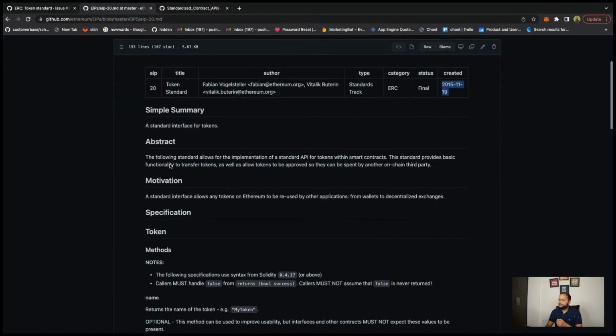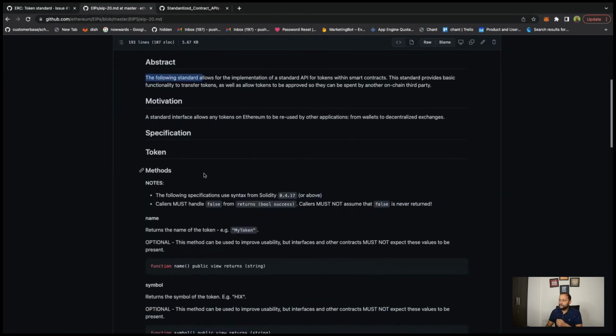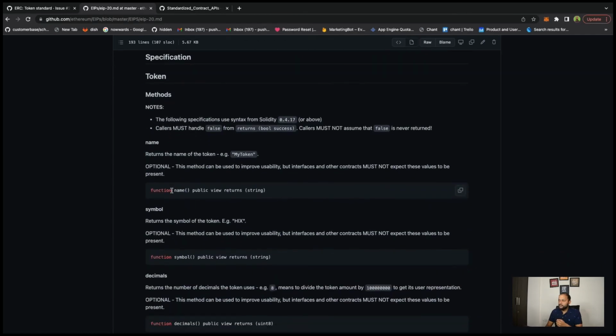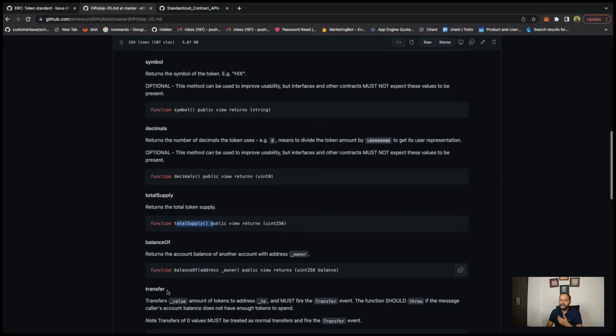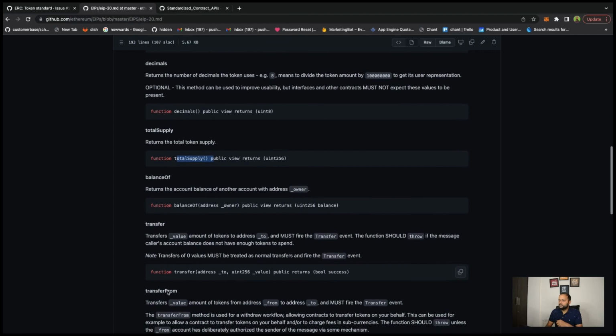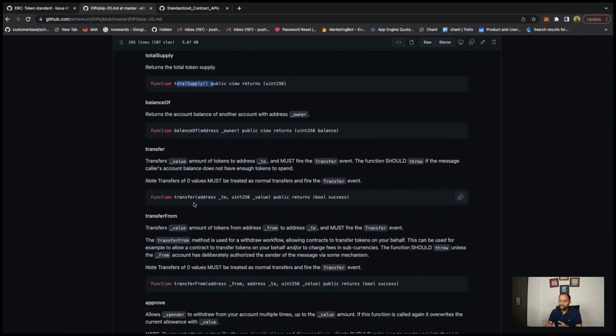Now if you go here, we have the abstract and the specifications: the name, and all the basic functions that we have, decimals, total supply, balance of, which basically returns the account balance of another account with the address of whatever the owner's address is, and a whole bunch of other methods, right? So this is what became the standard, and since 2015 this standard has been the norm and pretty much accepted by the community across the board.